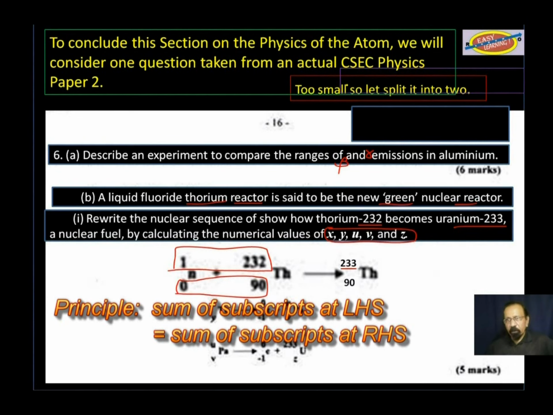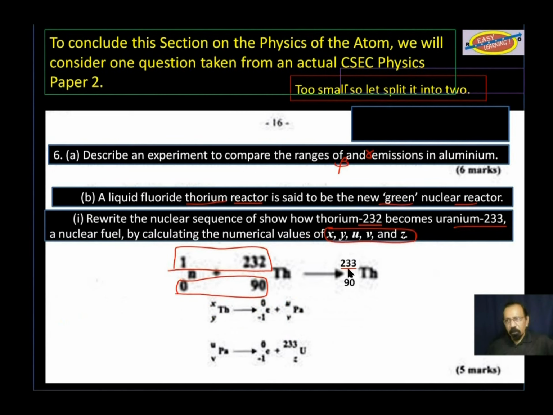Now that same thorium, X and Y, 233, 90, this is an electron. Electron 0, -1 gives you something here, Pa, whatever that is. Now this is U and this is V. So remember what I said about making sure that each side add up to the same number.